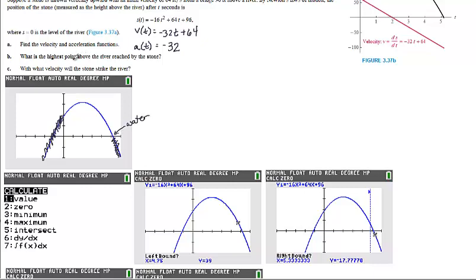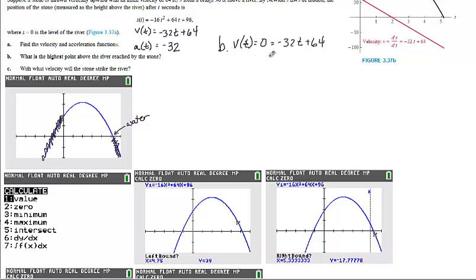They want the highest point above the river. The highest point above the river would be where the velocity is 0. That's one way to do it. So let's do B. The velocity here at the highest point would be 0, so negative 32t plus 64 equals 0.